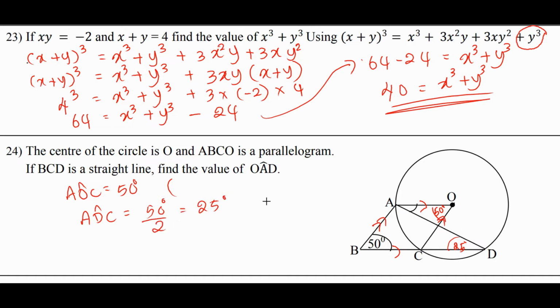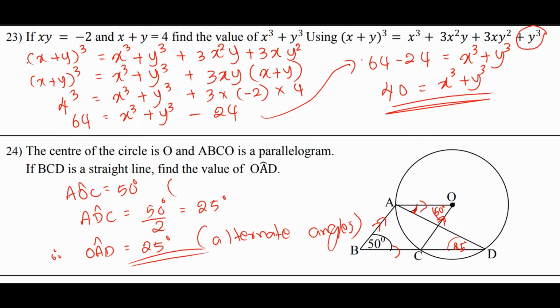If this is 25, this should be equal to 25 because of alternate angles. Therefore, angle OAD is equal to 25 degrees, the alternate angles. Question number 24 is done.